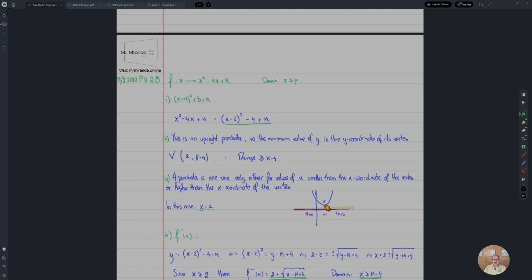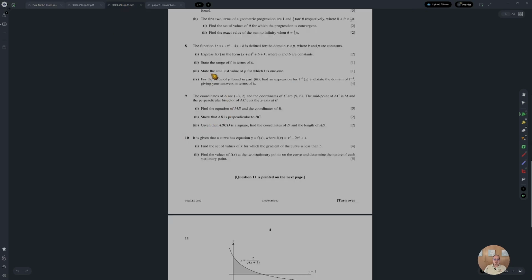Okay, but if you restrain the parabola to either the left-hand side of this line of symmetry that passes through the vertex or the right-hand side of it, then you won't have that problem anymore, and it's going to be 1-1. All right, so in this case, you wanted the smallest possible value of p for which f is 1-1.